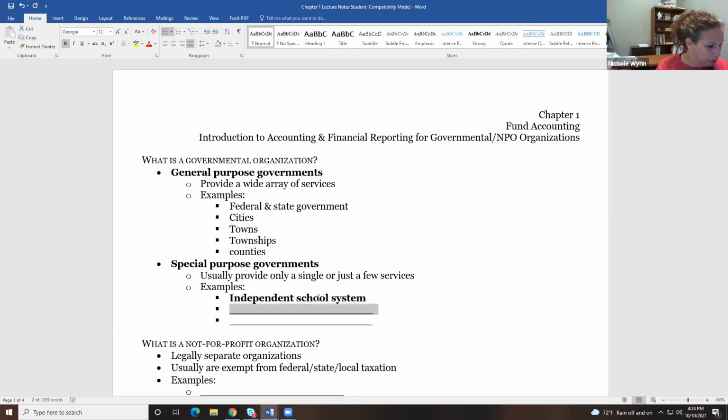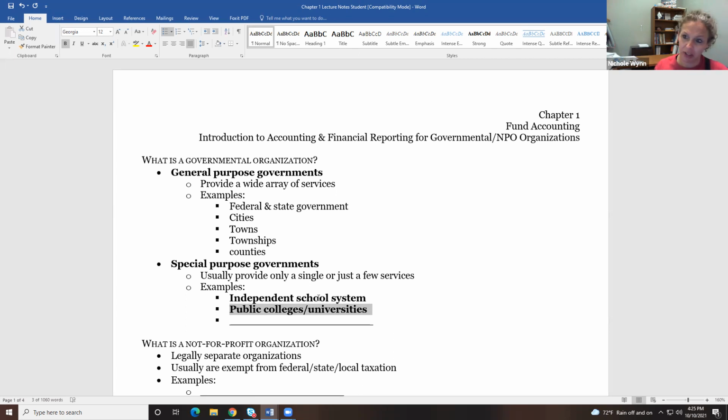Also public colleges and universities, whether community colleges or four-year schools like Wichita State, K-State, KU. Friends is a private school, and so we do not receive governmental funding.